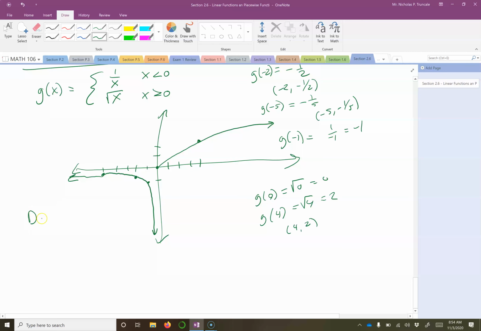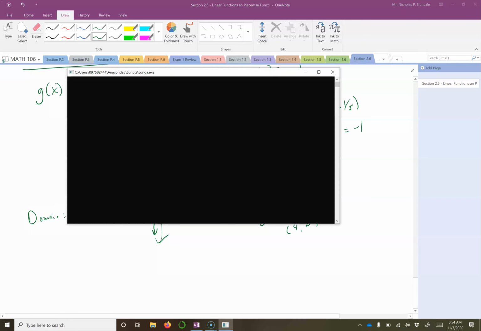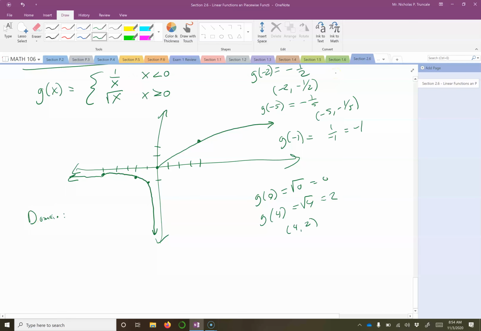Yeah. All right, so the domain. In terms of x values, it looks like if you go to the left, we're going all the way to negative infinity. We go all the way up to 0, but then 0 is there. So I think the domain here is negative infinity to positive infinity.